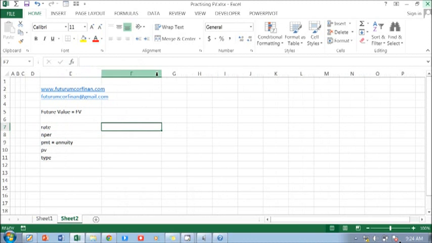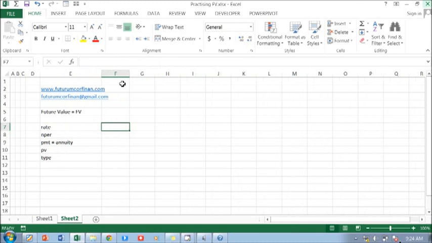So this is your percentage, NPER is your amount, a number or numeric. PMT is numeric as well. Now you need a dollar sign here. Type is your value. It's 0 or 1, so it's like a binary.